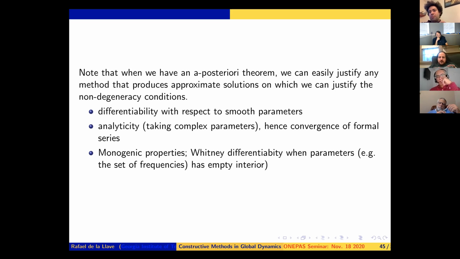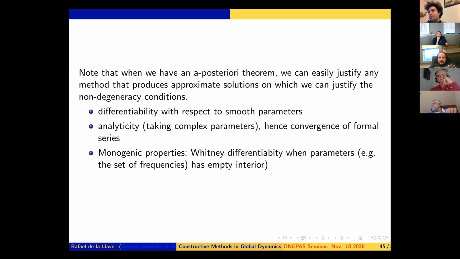And if you want to prove analyticity, it is exactly the same as proving differentiability if you can work with complex numbers. And that's the way that you prove that this series converges in the counterterm method.